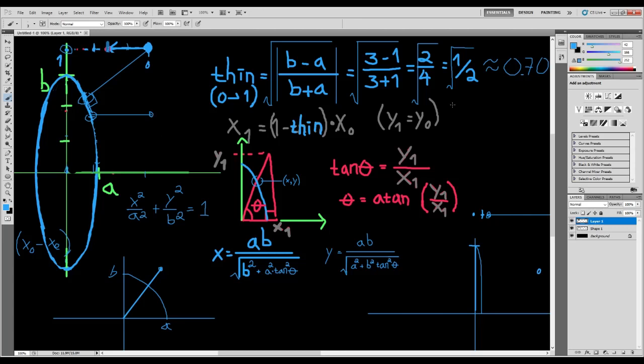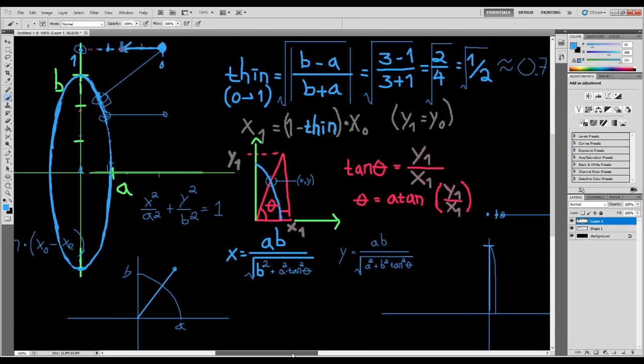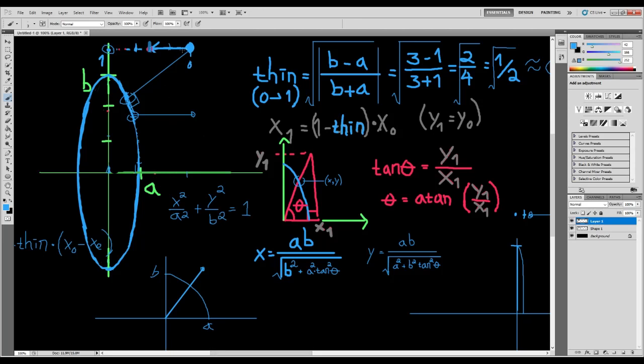In this case, b is 3 times the size of a, so 3 minus 1 over 3 plus 1 will become half, so the square root of it will be 0.707. So up here we will go like a half, then 0.7 here, that will be step 1, and then step 2 is to project it towards the center until you hit the ellipse.